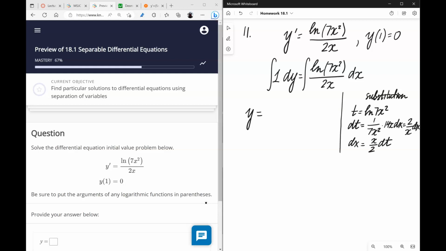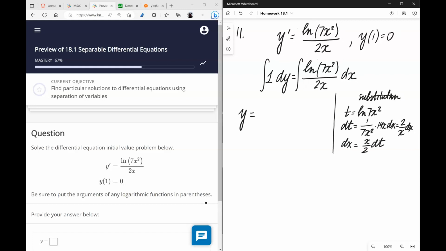And with this substitution, my integral now becomes the integral of ln of 7x squared, which is ln of t, divided by 2x. But instead of dx, I'm going to write x over 2 dt, and you can see how x's actually cancel, and we have 1/4 integral of ln t dt.